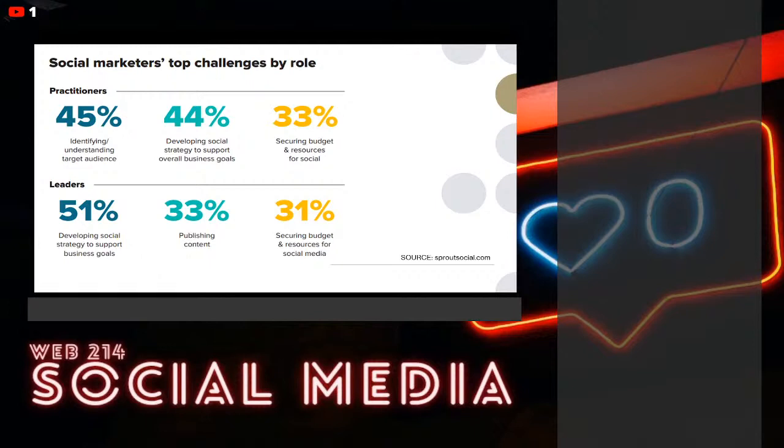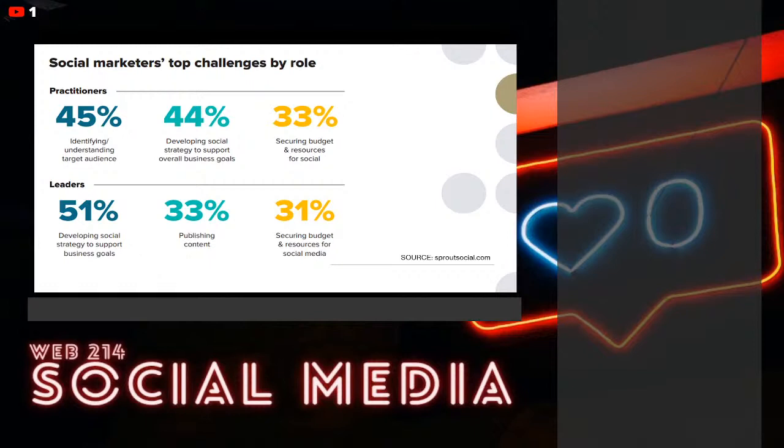That's what we've been talking about here for the prior 50 minutes: essentially what we can do with SWOT analysis and with setting SMART goals that are going to help us achieve these things, the top challenges that practitioners and leaders in social media marketing say that they're facing.